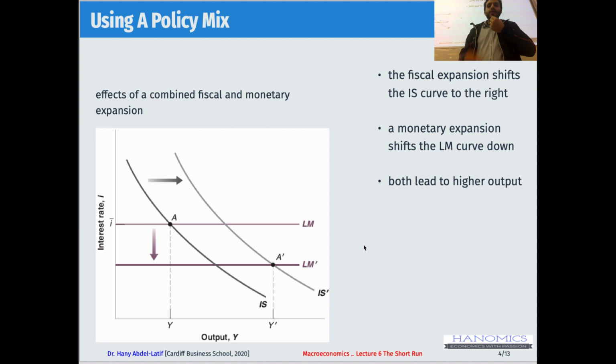So in this scenario here, you see a fiscal expansion, so that means government spending increased. That would shift the IS curve to the right. And if we have a monetary expansion at the same time, that will drop the LM curve down, and that means we move from point A to point A prime, which means an even further increase in output level.